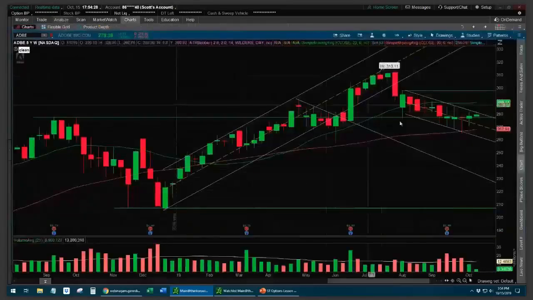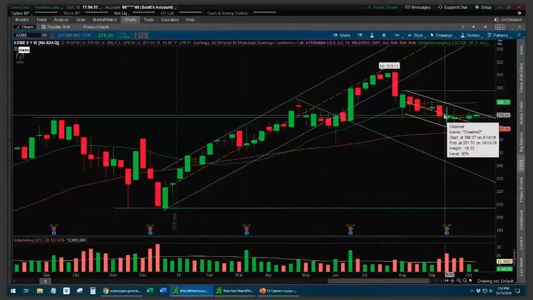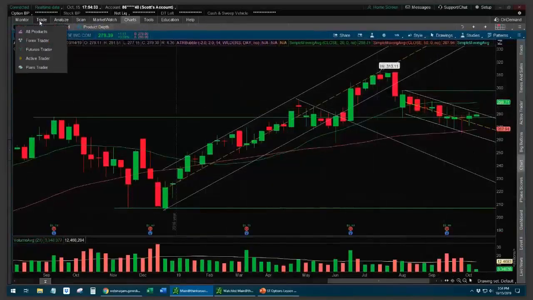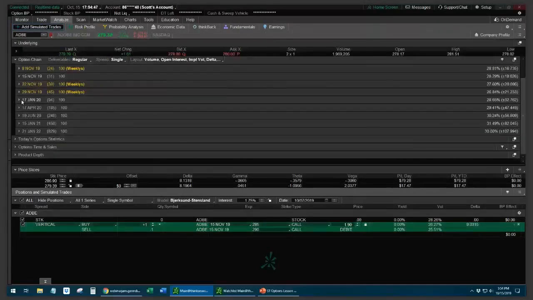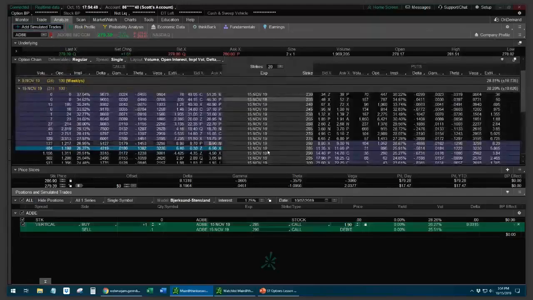And that is kind of about the same. 279, 279. So it's not a stretch. We paid $1.90 for this a week ago because the market wasn't as bullish. Our implied volatility here on the 15th is 28.29. So we're 28 implied volatility.